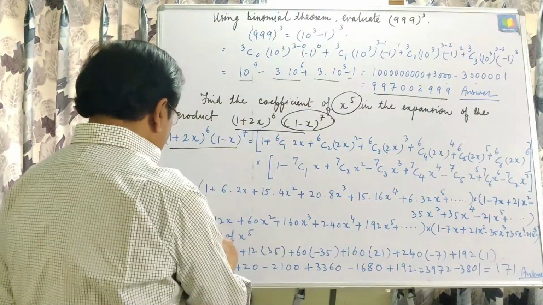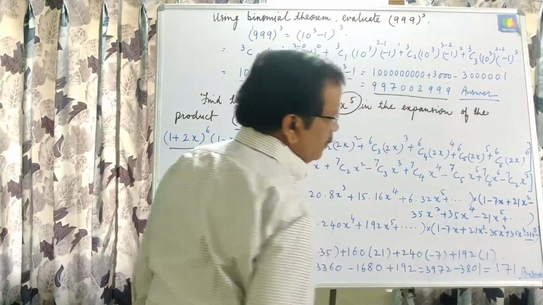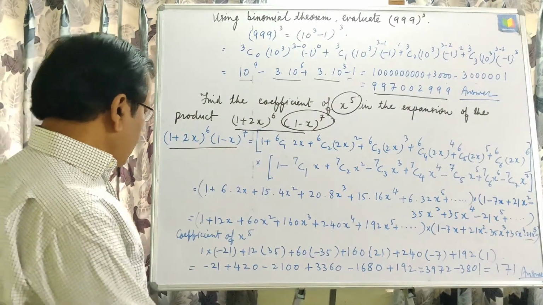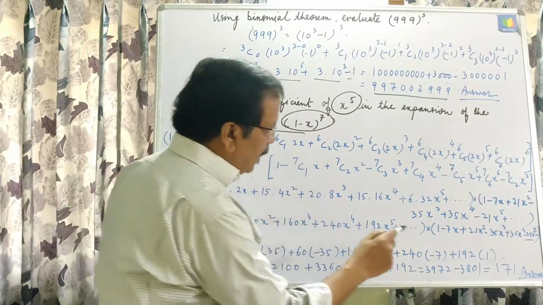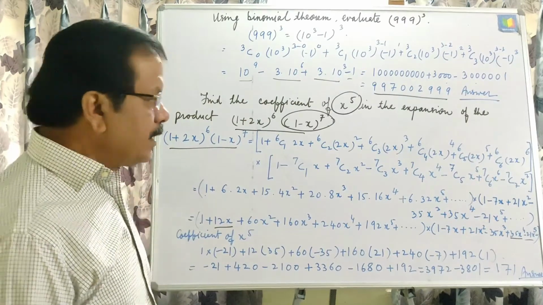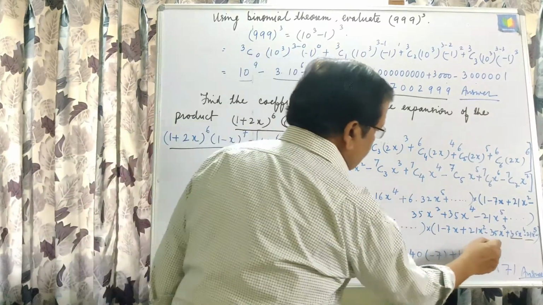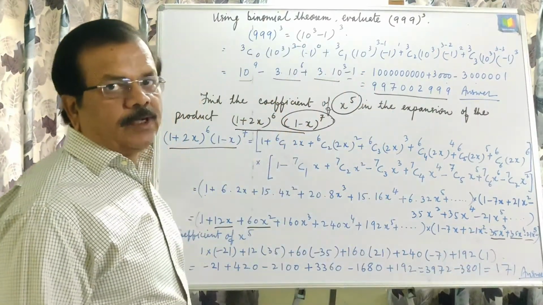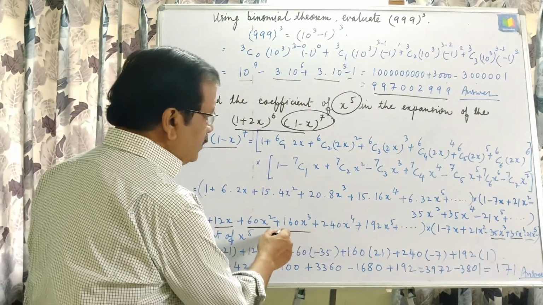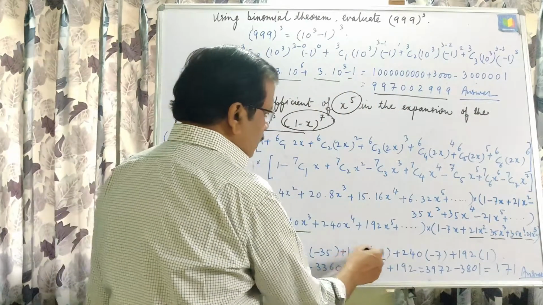Then you can see this multiplied by 1 multiplied by minus 21, because we are arranging the coefficients of x to the power 5. 12x multiplied by 35 x to the power 4, and this way this is the x to the power 5. 60x square will be multiplied by minus 35, so as to get the term of x to the power 5, and in the same way 160 multiplied by 21, to get this term.